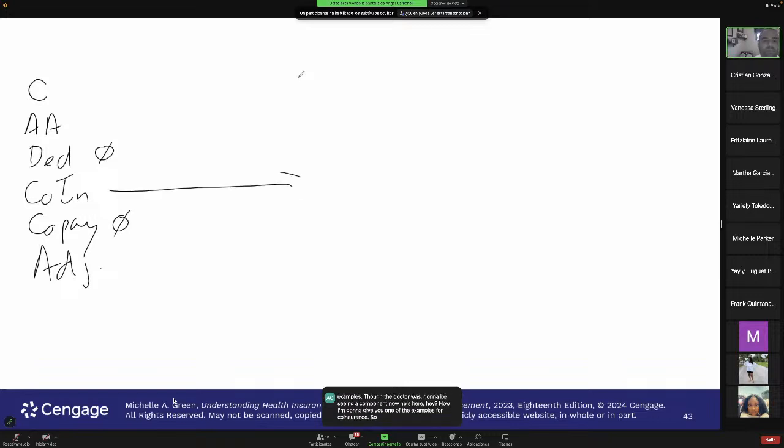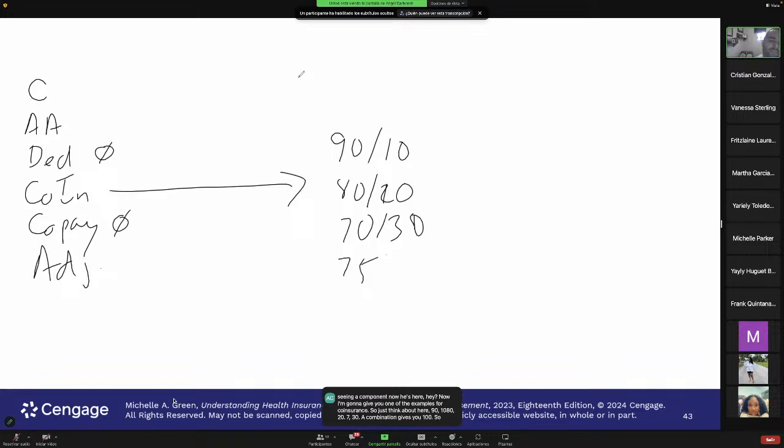Just think about it here. Co-insurance could be 90-10, 80-20, 70-30. Every combination gives you 100. 75-25, 60-40, whatever, it doesn't really matter.